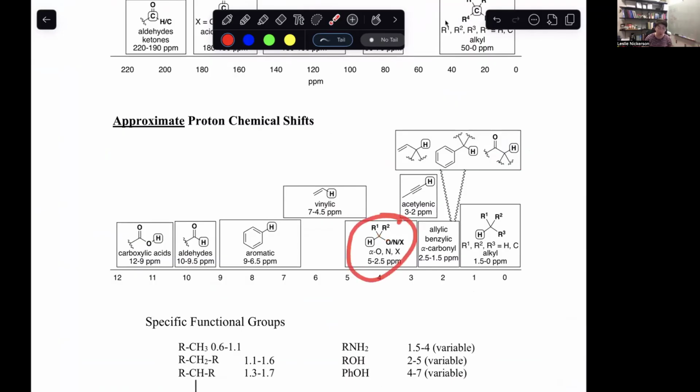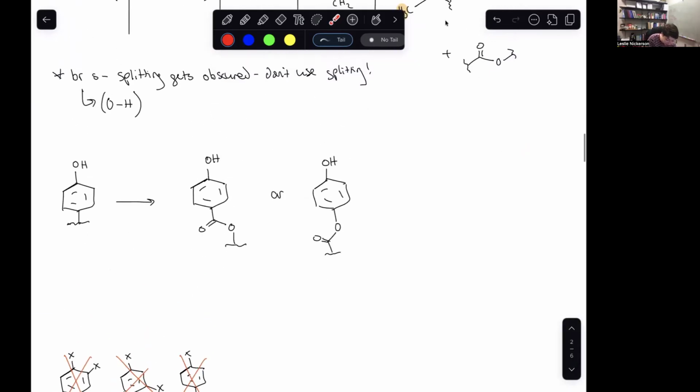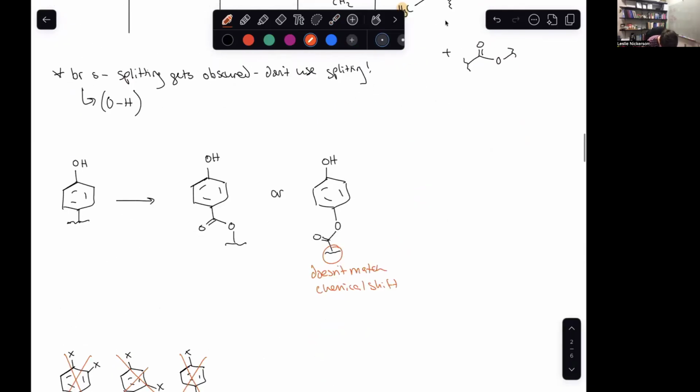That's going to be more downfield than the alpha to carbonyl, where you're just next to a delta plus carbon. So that's the difference: this doesn't give me the chemical shift that I need, of my 4.3. That alpha to carbonyl would be much more upfield than that.